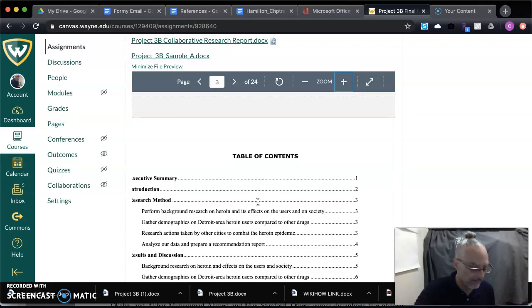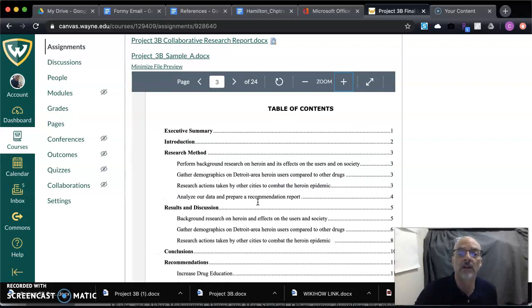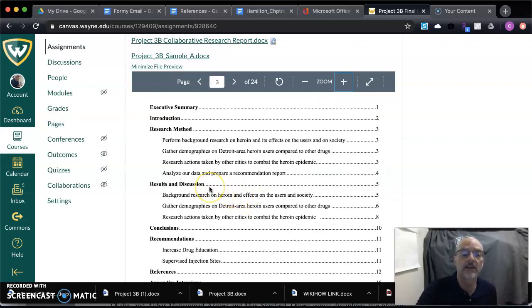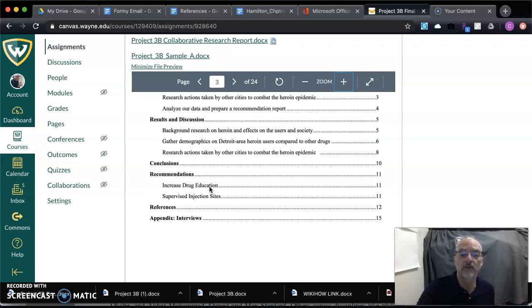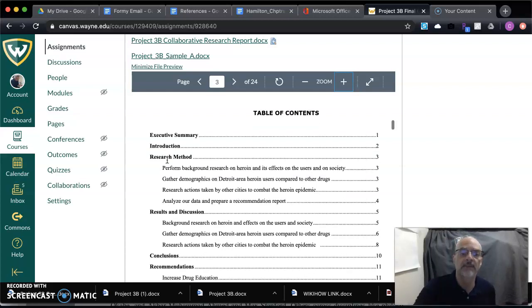Now we have the table of contents: the executive summary, the introduction, research methods, results and discussion, conclusions, recommendations, and then references and appendix. As you'll recall from the assignment description, it tells us what the front matter is: table of contents, list of illustrations, and the executive summary.